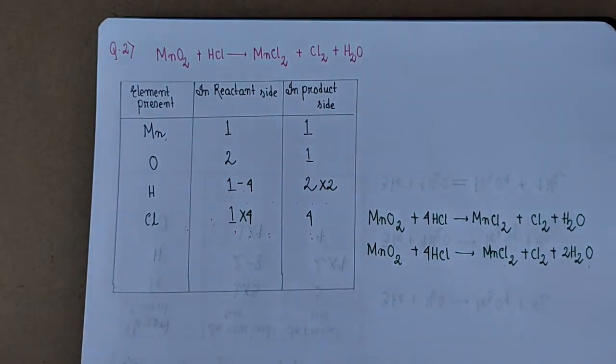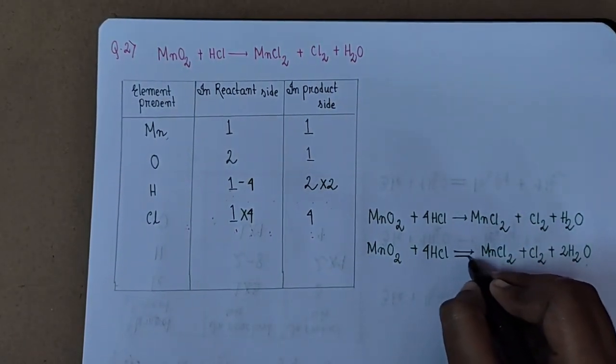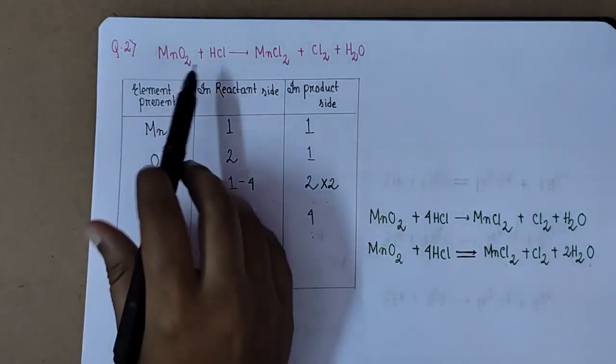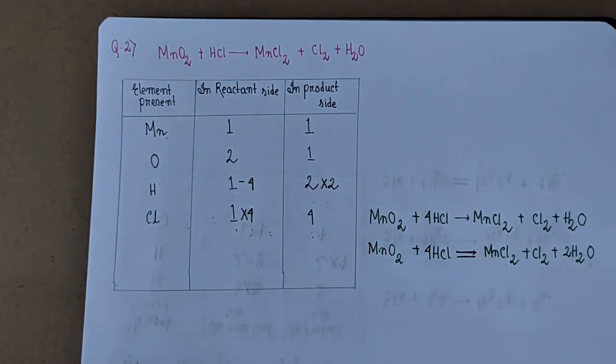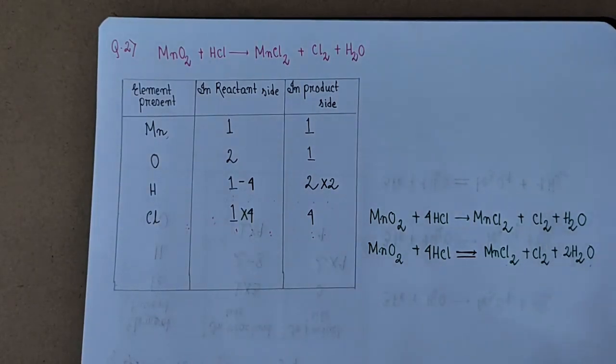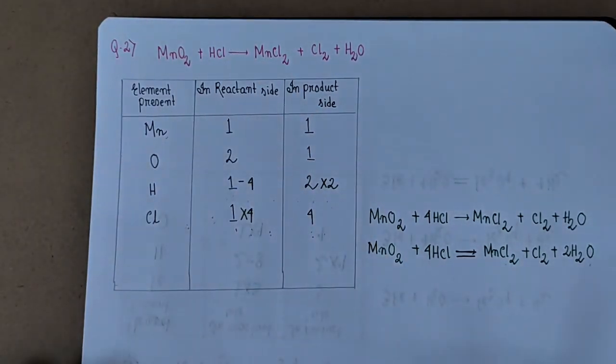Now this equation is balanced, so we must keep one equal sign here, not the arrow sign. Arrow indicates the skeleton equation which is still to be balanced, but this equal sign indicates that the equation is already balanced. So after balancing you have to put this equal sign, not the arrow sign.